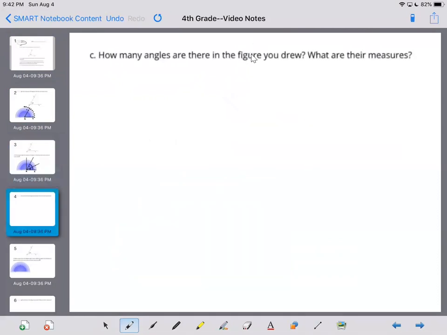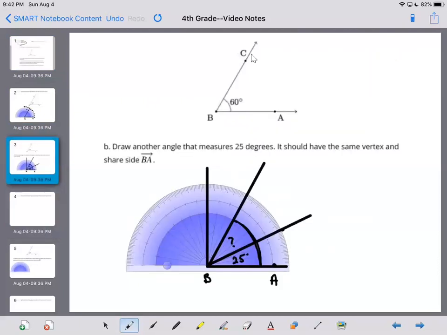How many angles are in the figure that you just drew? So we look at that, we now see that we've got 1, 2 angles, and that's part C, asking how many angles did we draw?